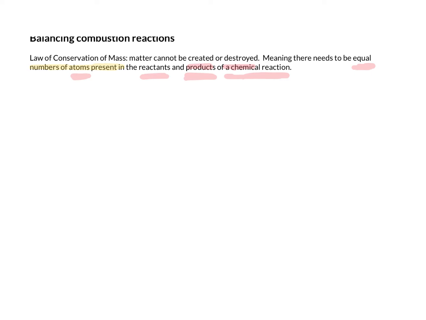So let's get into what's going on with balancing and just kind of how to analyze one of these combustion equations. So I'm gonna write a real simple combustion equation here real quickly.